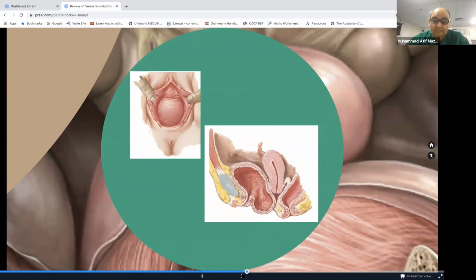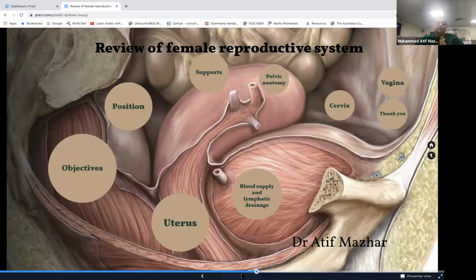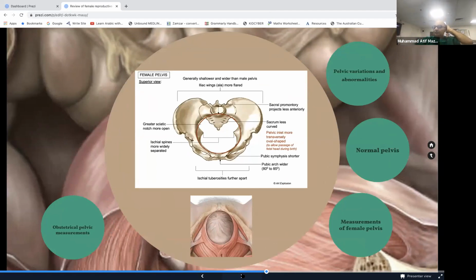Okay, guys. So going further, we have talked about the uterus, its positions, and its supports. Now I'm trying to show you here the organization of a female pelvis. The bottom line is why we need to be good with why there are differences between a male and a female pelvis, because the female pelvis is designed for this process.